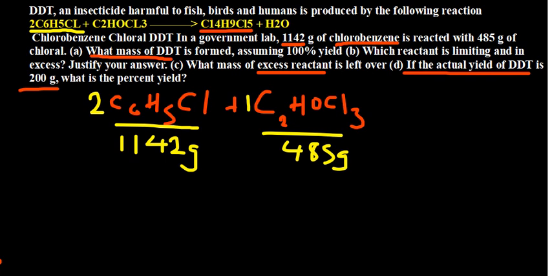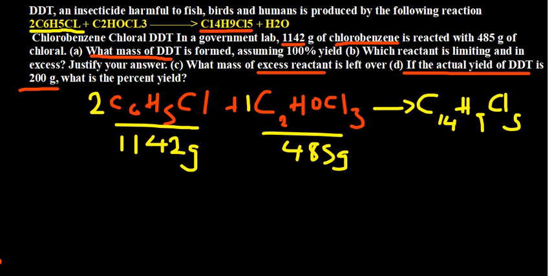Now, how do you determine how much of the DDT was formed? What's the formula for DDT? It's really important to determine which one is limiting before you answer such a question.